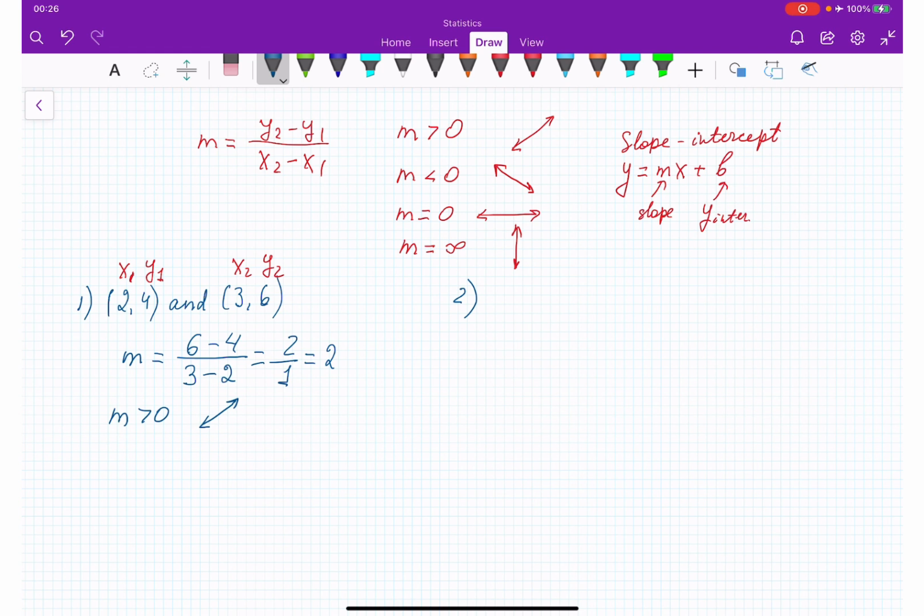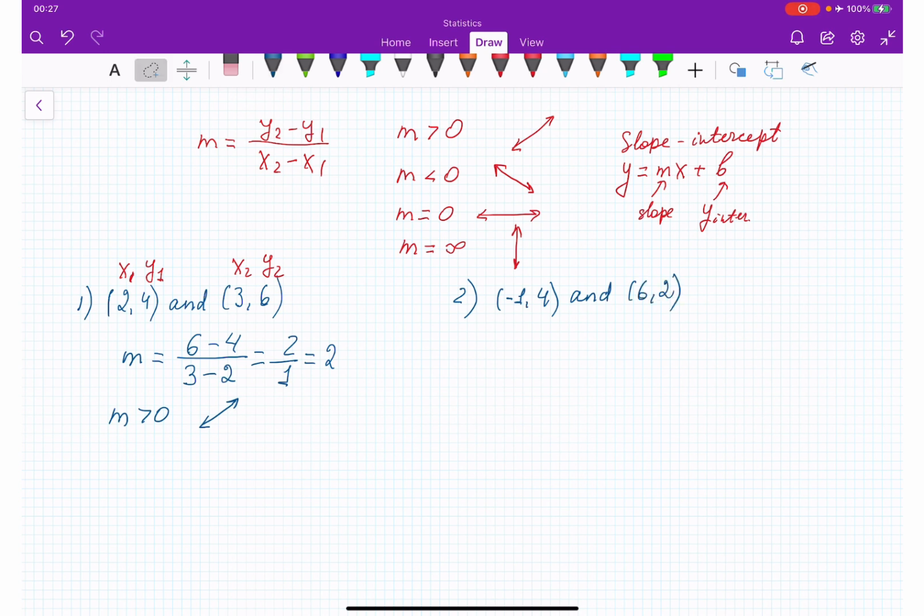Okay. Question number 2. The same task for the given points, which is we need to find the slope and identify if the line that goes through these points rises or falls or is horizontal or vertical. So we have points -1 and 4, and we have points 6 and 2.